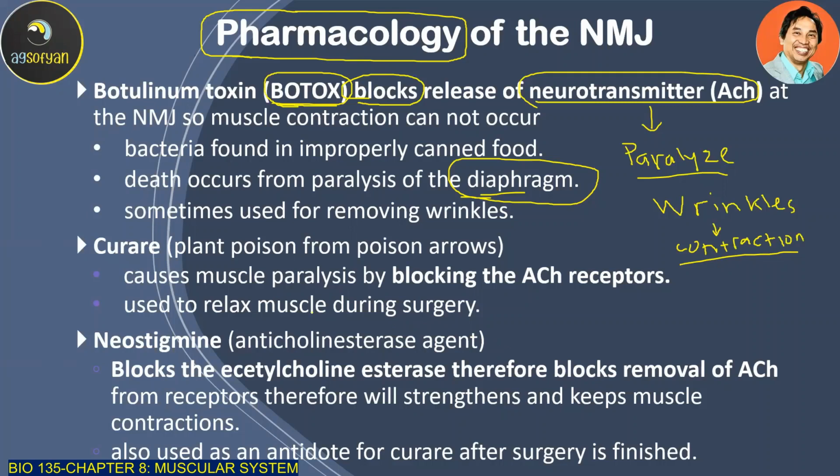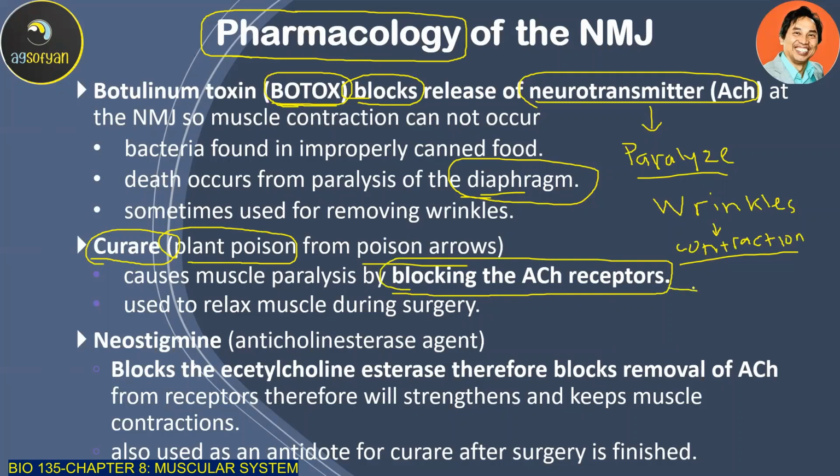There is another chemical called curare, and this curare actually comes from a plant. It is a plant poison chemical, from poison arrows. It will block the acetylcholine receptor. So maybe acetylcholine will be released by the motor neuron, but the receptor is blocked by the curare.